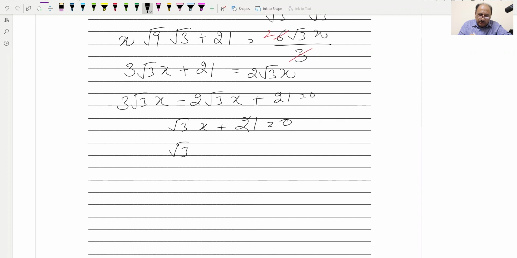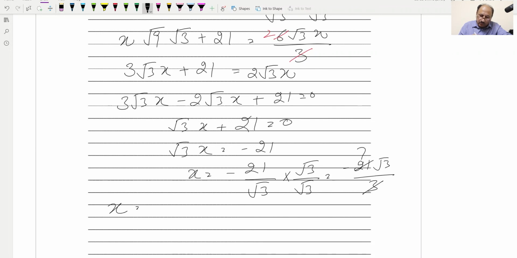So under root 3x will be equal to minus 21, x will be equal to minus 21 over under root 3, and to get rid of the denominator under root 3 we can multiply and divide, and this will be minus 21 under root 3 over 3, and this 3 we can cancel, and this will be 7.